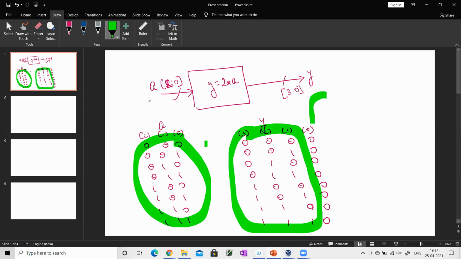The last bit is appended with zero, correct? So this is our observation: whatever number we have written here, the same number is present here everywhere. A number multiplied by 2, the answer is nothing but the number A appended with a 0. This is going to be the answer.